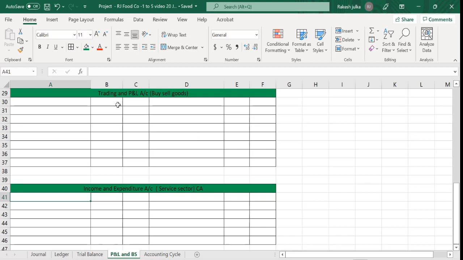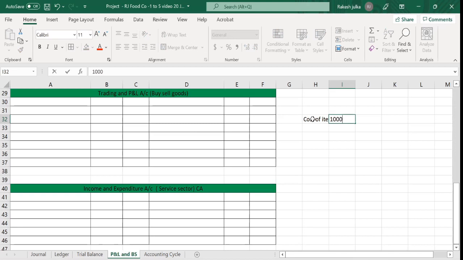For example, the cost of some items is $1,000 and the sales price of these items is $1,100.